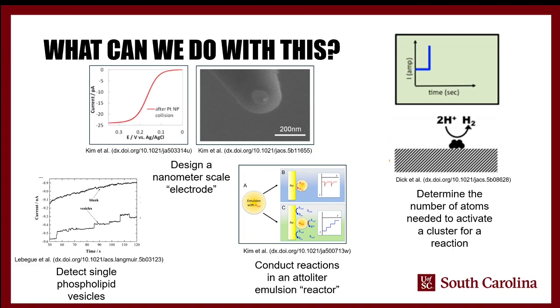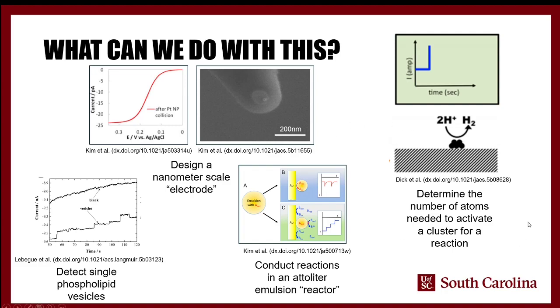The background current is exceptionally low, and any collision that happens with that single nanoparticle, you're going to know it. It will cause a very clear change, and you've effectively increased the sensitivity of your electrode by orders of magnitude.